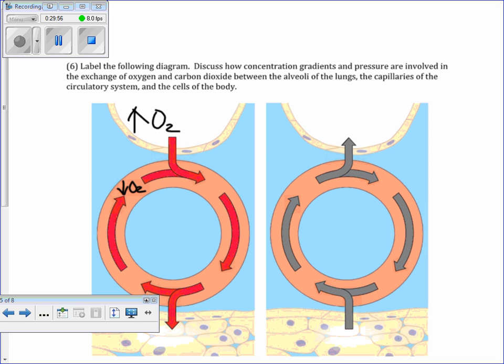If that's the case, then using the gradient, we would expect oxygen to go into the blood, following the arrow. Almost immediately, as soon as that oxygen is put into the blood, what happens to it? Remember, it's a poisonous gas. The hemoglobin, the red blood cells, are going to grab it right away. Again, this is not how they labeled it.